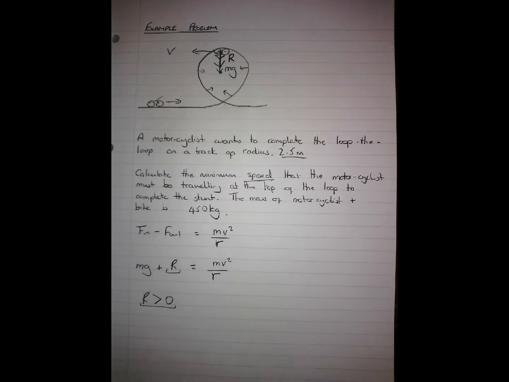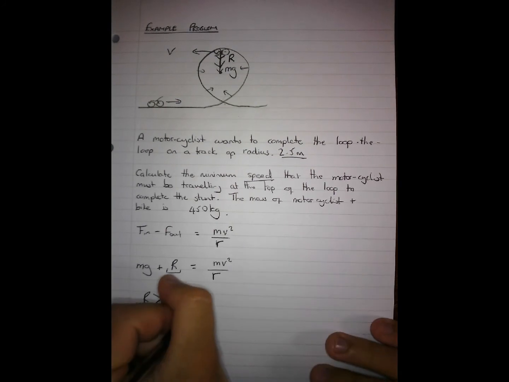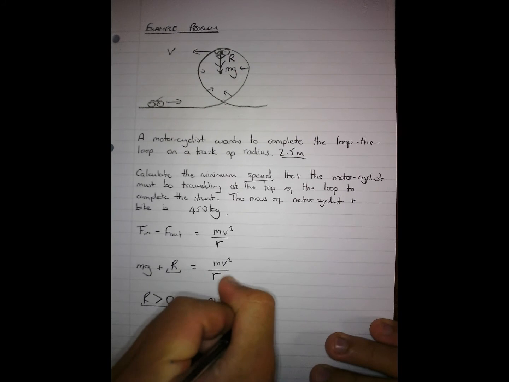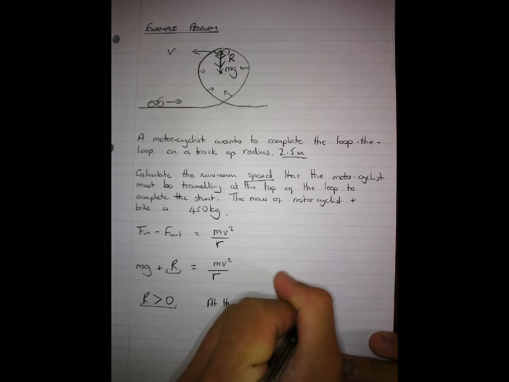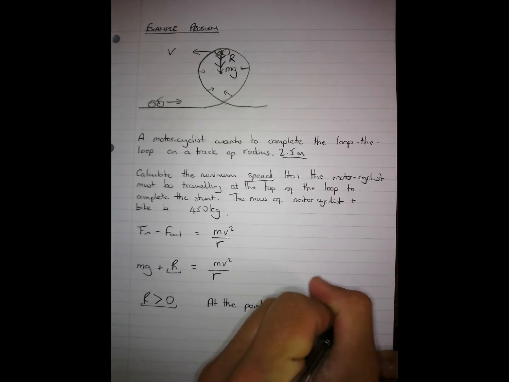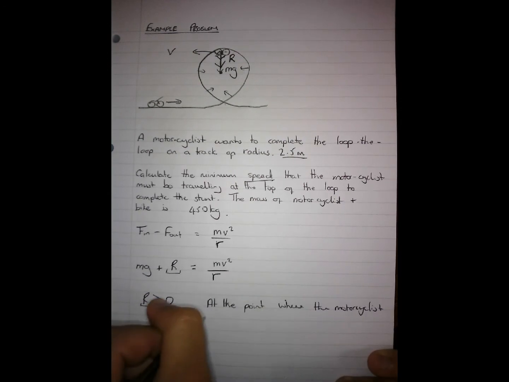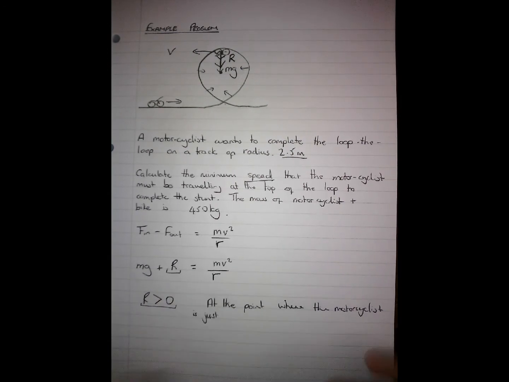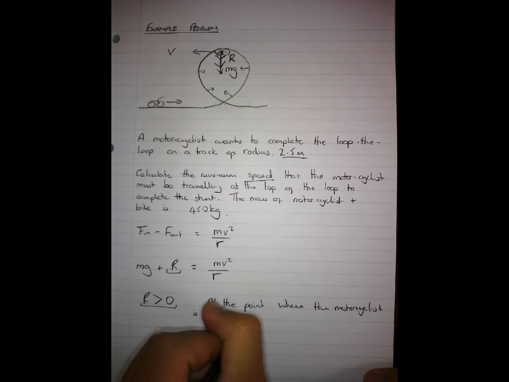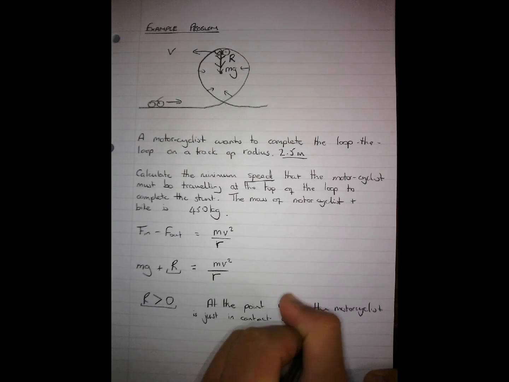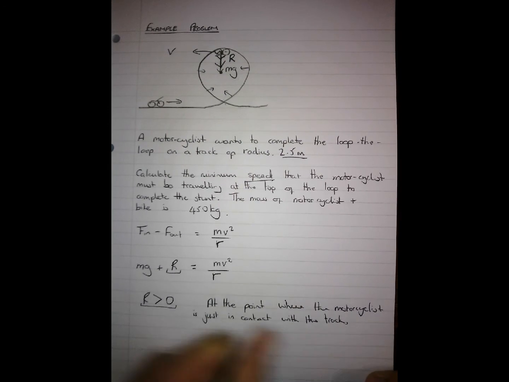So what does that mean for our problem? It means that we can say at the point where the motorcyclist is just in contact with the track, we can say R is equal to 0.